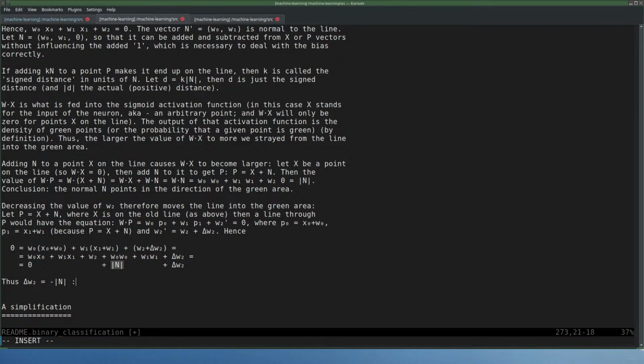Let's repeat the conclusion. I wonder if we can also add something about the targets, because that definitely went wrong.